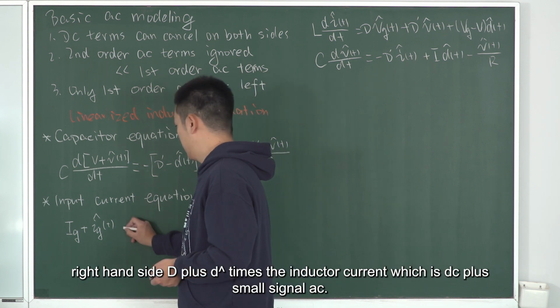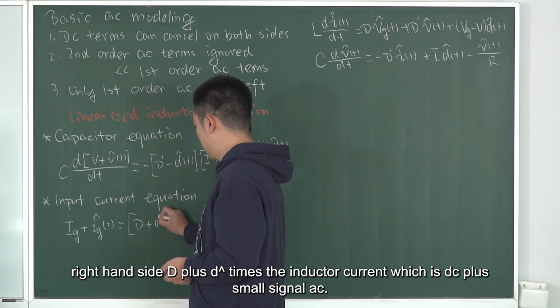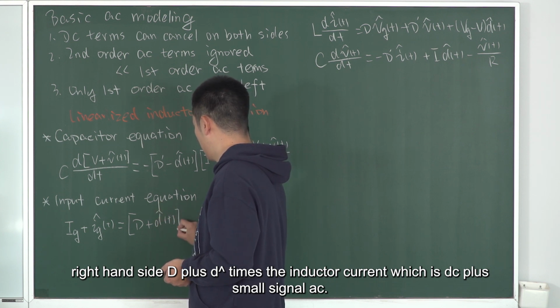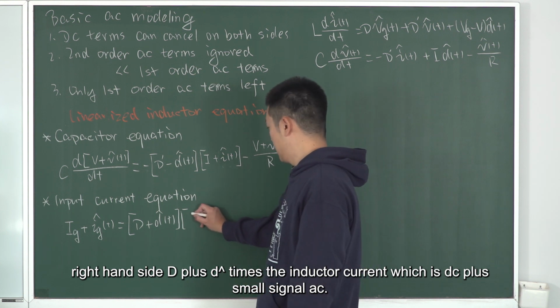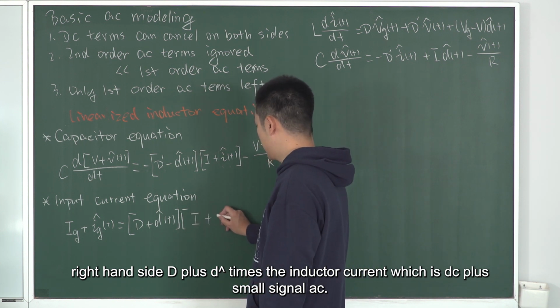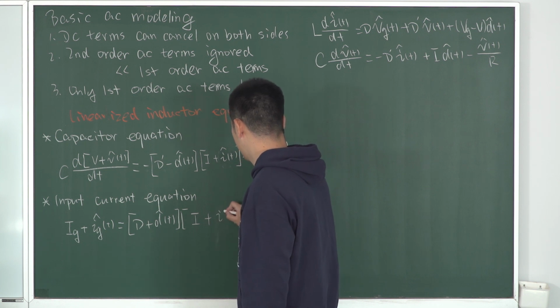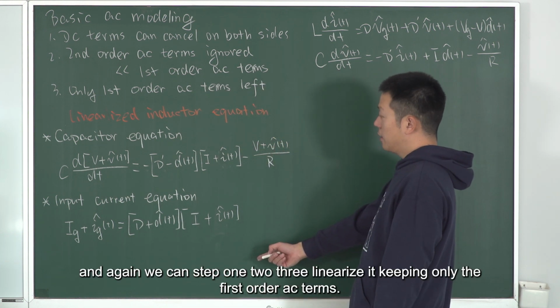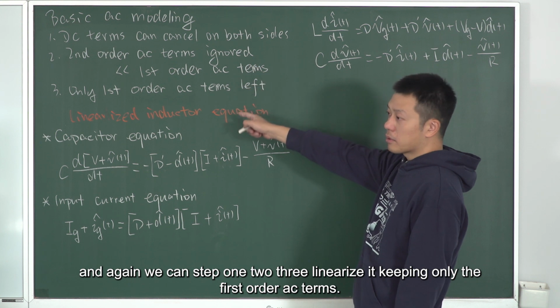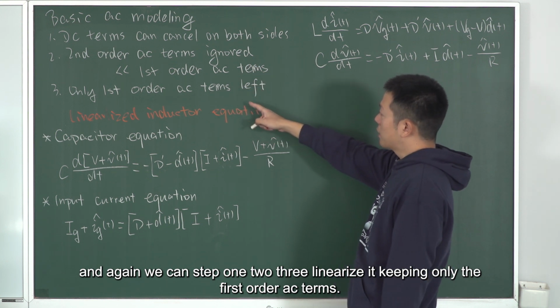And the right-hand side, D plus D cap times the inductor current, which is DC plus small signal AC. And again, we can step 1, 2, 3 linearize it, keeping only the first order AC terms.